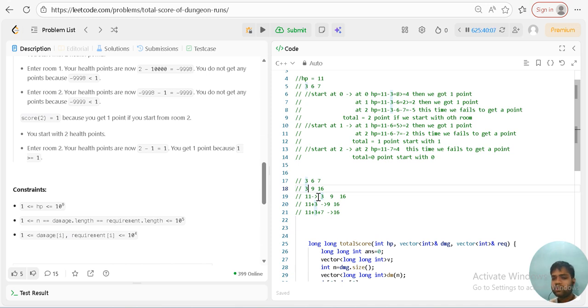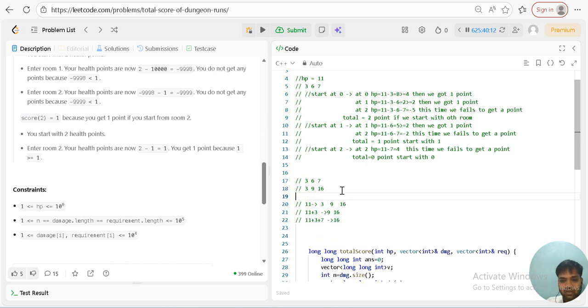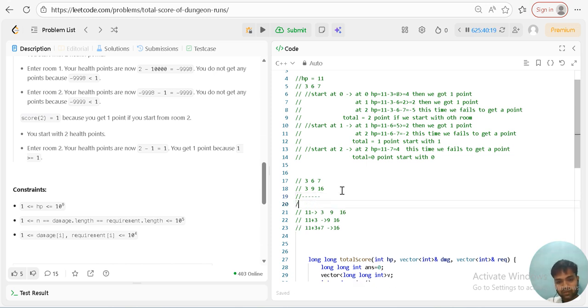So 11 minus 3, we got a point. Whenever we reach 9, we got one more. So at moment 9, we got one more thread started. At that moment of time, what I have to check is at 6, 11 minus 6, what I have updated, 11 plus 3, 14 minus 9, is it able to get a point?